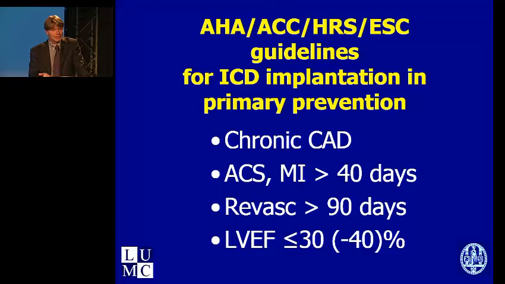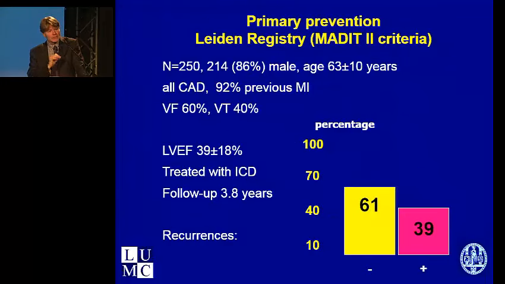What is then better? There is no alternative at the moment, so we stick to this guideline. But I'll show you some ups and downs. Let's take a look at our Leiden registry based on MADIT2 criteria. This is 250 patients that I showed you, all coronary artery disease, 92% with a previous infarction presentation, VF 60%, VT 40%, and again this relatively high ejection fraction of 39%.